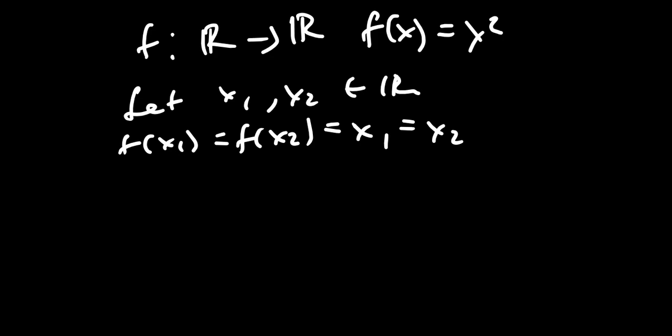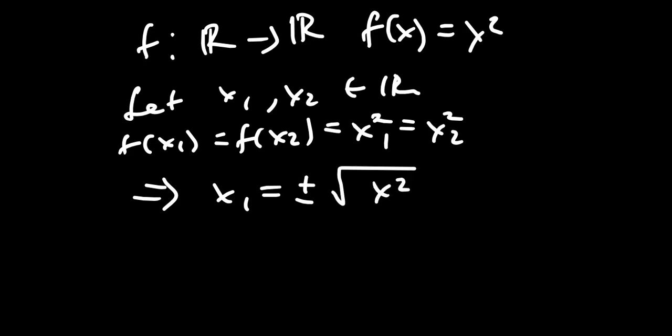Now I must show, so this here we see it's defined by the squared, so these are squared like that. Now to continue, this implies if I get the root there, I'll have x1 being equal to plus or minus the root of x2 squared, so this is going to be equal to plus or minus x2.